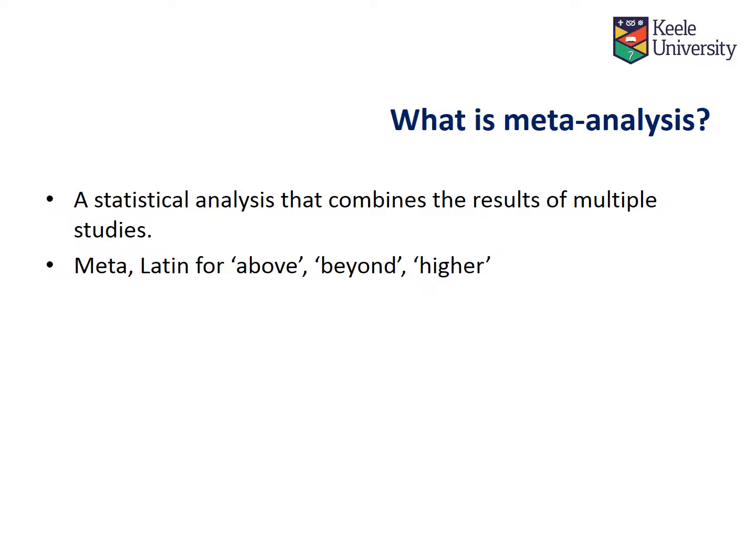Meta in Latin is above, beyond, the top, the higher. So you've got a number of studies giving you results. You are combining them in a special statistical way to get almost the average, not quite the average, but the combination of these to give you an overall result.